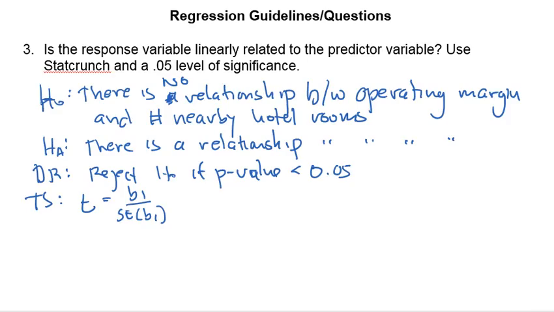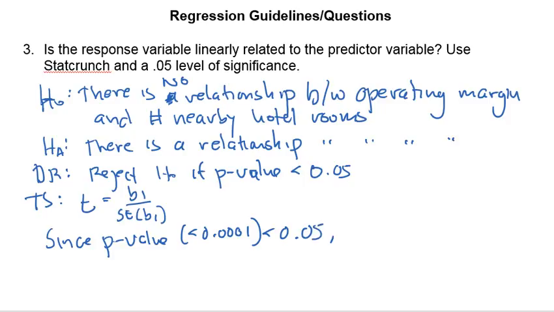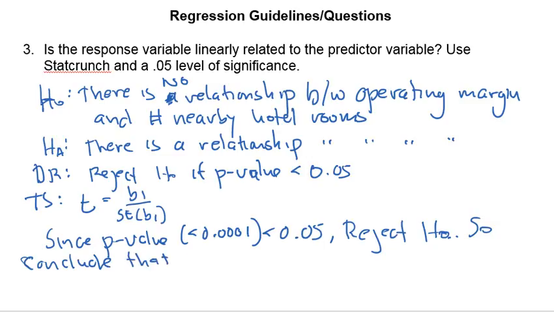So we have found that the p-value is less than 0.0001. So since the p-value, which is less than 0.0001, is less than 0.05, we're going to reject H naught. So conclude that there is a relationship.